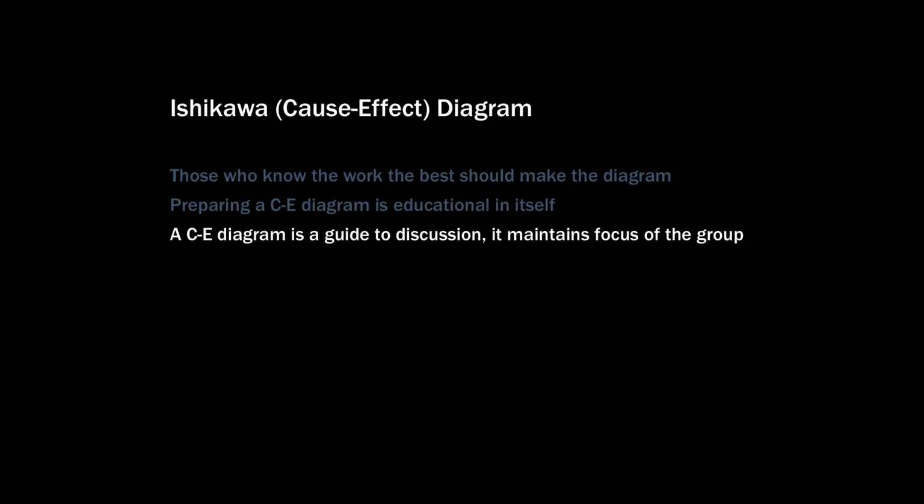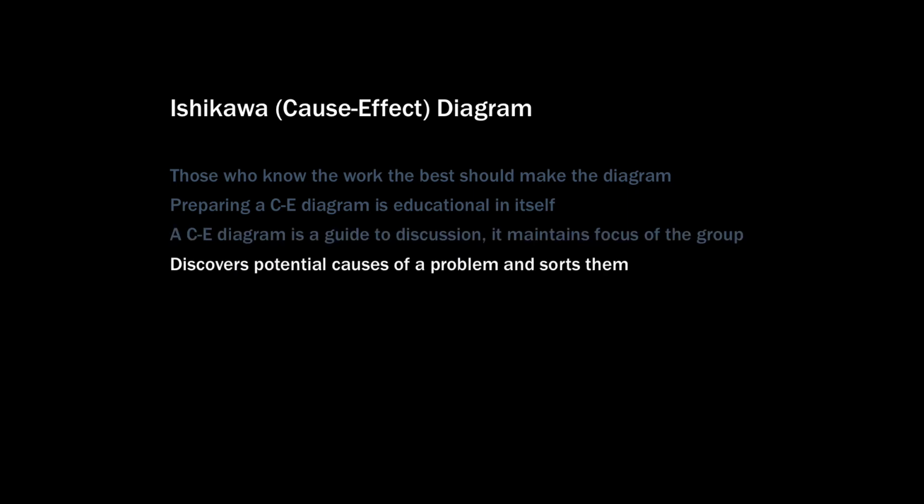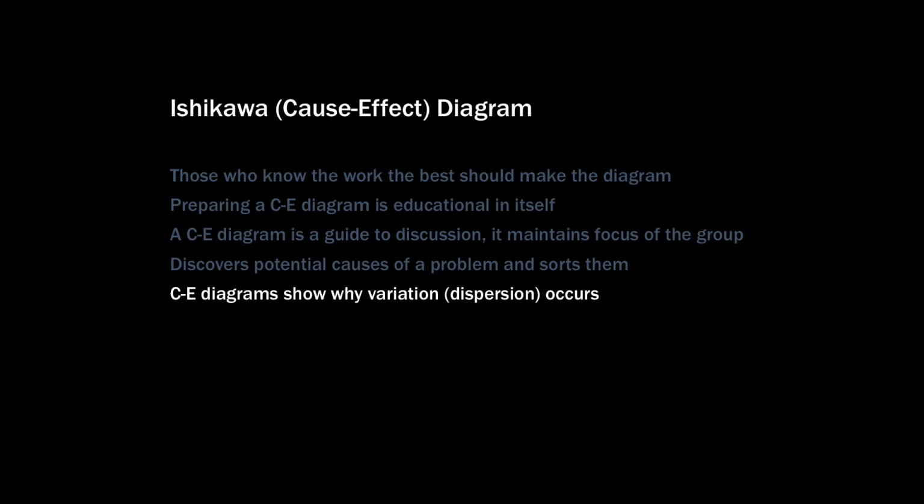So an Ishikawa diagram, a cause-effect diagram, is a guide to the discussion. It focuses your team and makes efficient use of time. What it really does is discover potential root causes of a problem, and it sorts them visually so that it's easy to see where the root causes are coming from. What they really do is show why there's variation in a process.